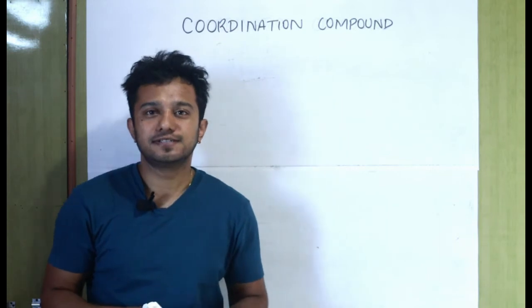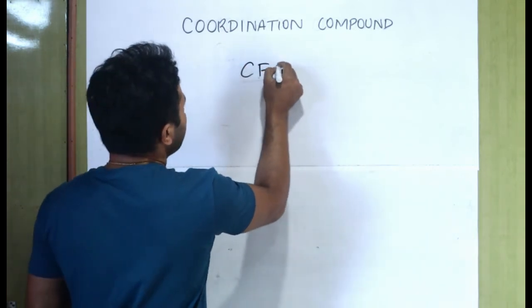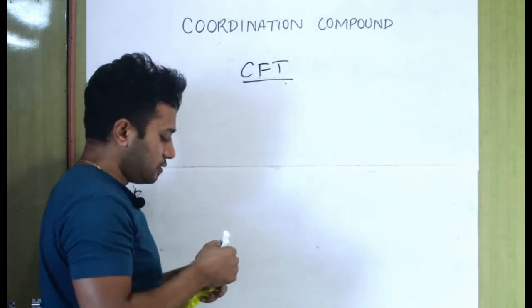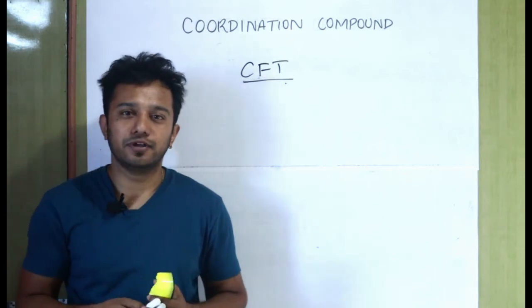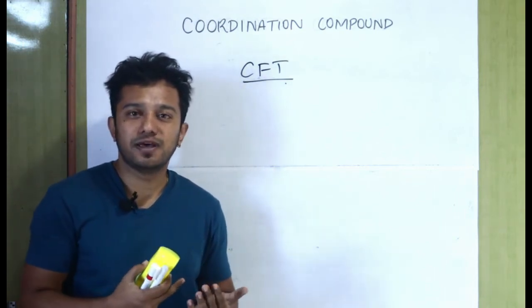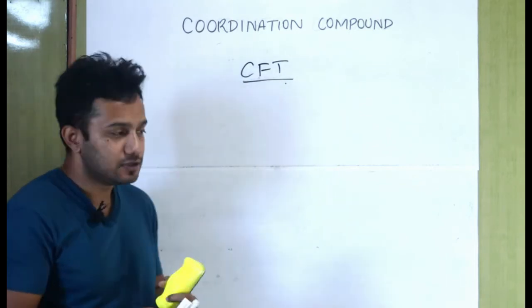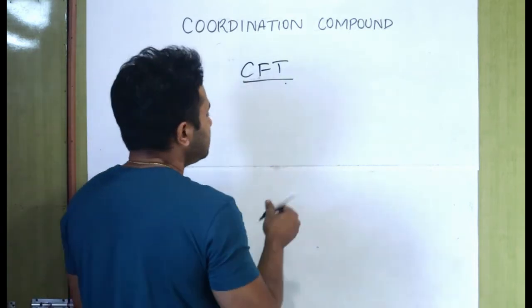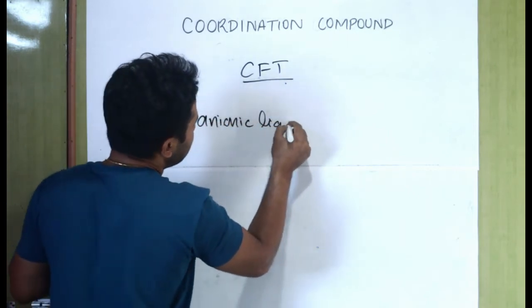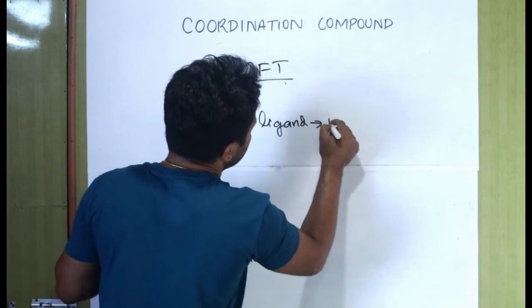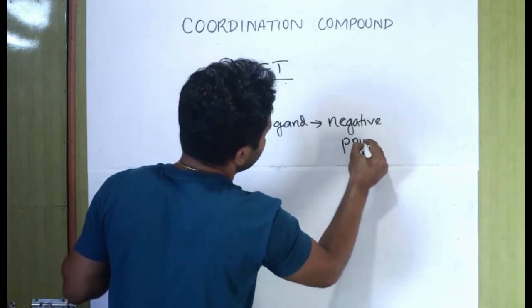So now we shall start with the crystal field theory. Crystal field theory is based on an electrostatic model, which assumes that the metal ions act as a point charge. If we have an anionic ligand, it is known as a negative point charge.